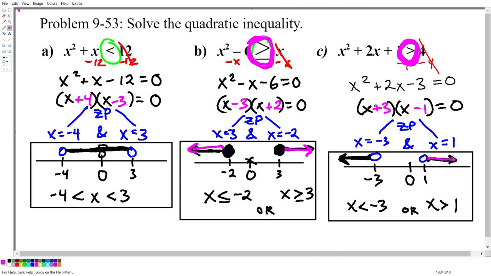So is greater than always on the outside? That's something that we'll have to figure out with time, but it's a pattern. So I do want you to think about that. If it's less than, might it always be in the middle? But if it's greater than, as shown, might it always be on the outsides? Okay, think about it, and good job. That's where we're going to stop for today.